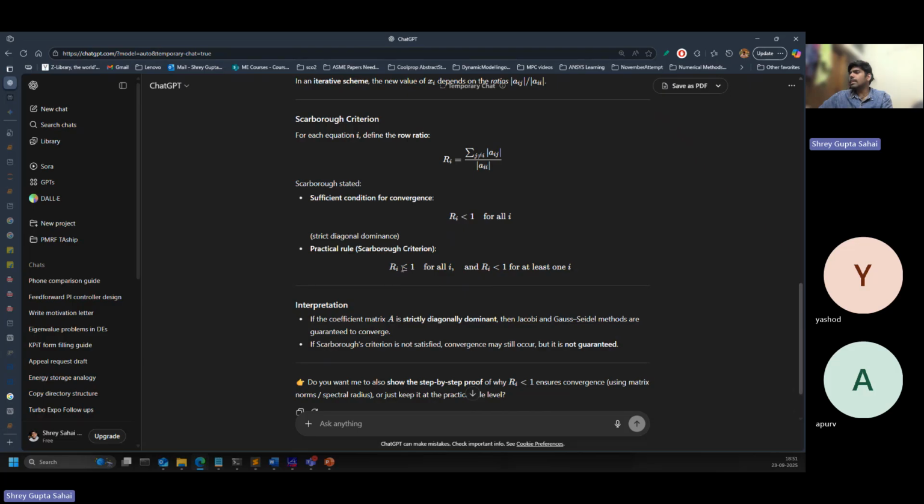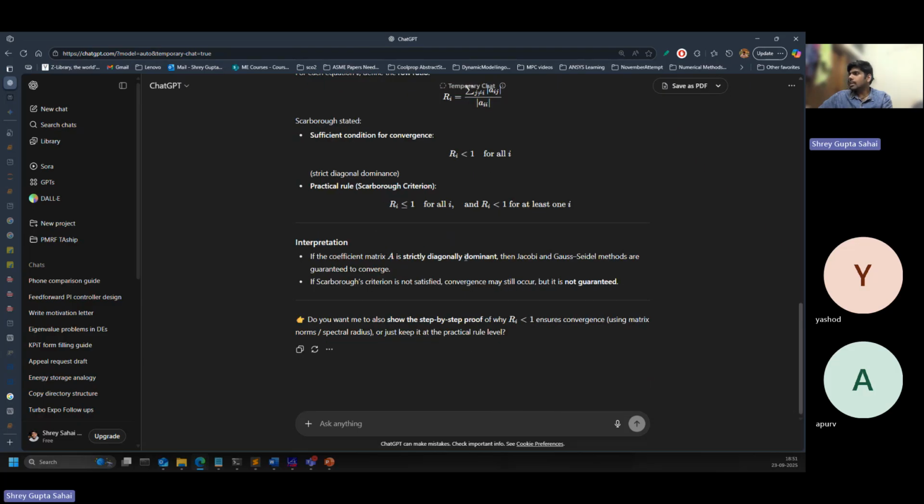The practical rule is it can be equal to 1 also. If the coefficient matrix A is strictly diagonally dominant, then Jacobi and Gauss-Seidel methods are guaranteed to converge. If the Scarborough criteria is not satisfied, convergence may still occur but is not guaranteed. So it's not a necessary condition.